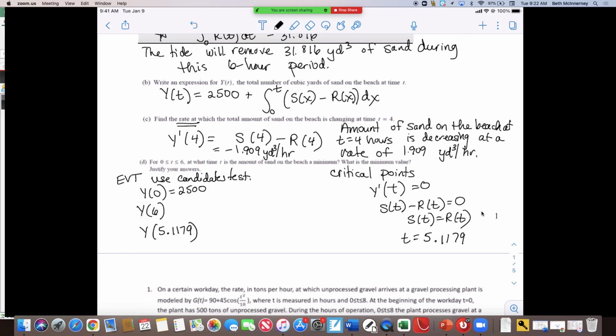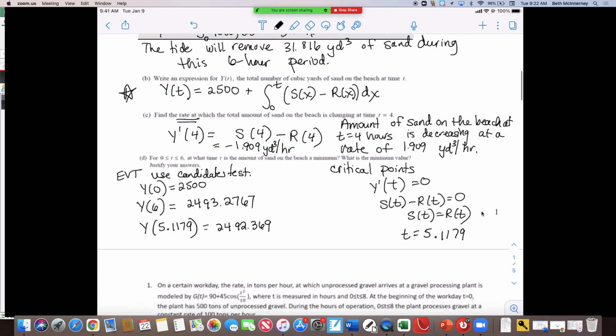So then you're going to use your calculator, and for my y of 6, remember, you're going back up to part B where y of t is. That's where you're plugging that in. So then y of 6, I got 2493.2767. And then when I did y of 5.1179, I got 2492.369.